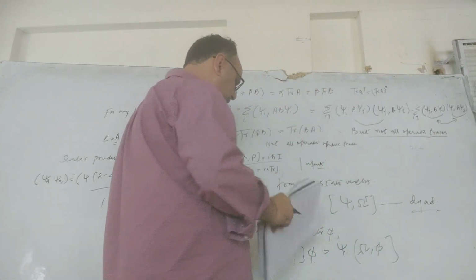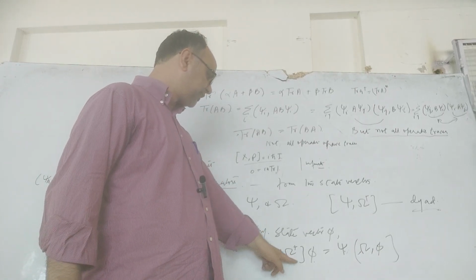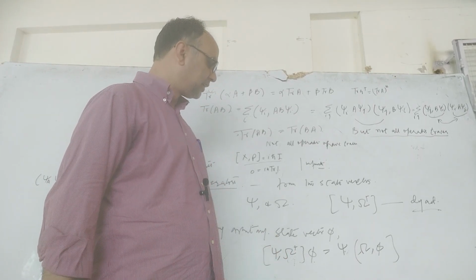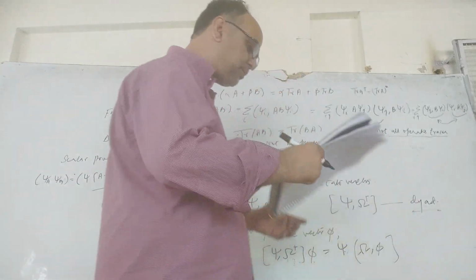So you just keep psi outside and flip the other one, the conjugate property. So this is one property.